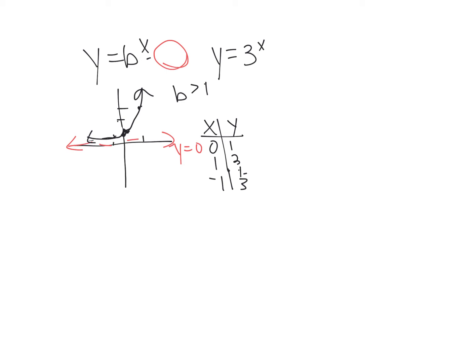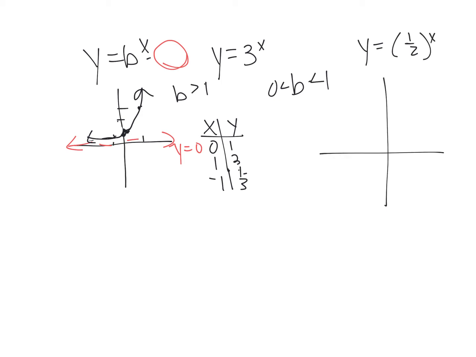If it is a decay, that means my base is less than 1 but greater than 0. So it could be like 1/2 to the power of x, right? And so what I'm going to find is my points.